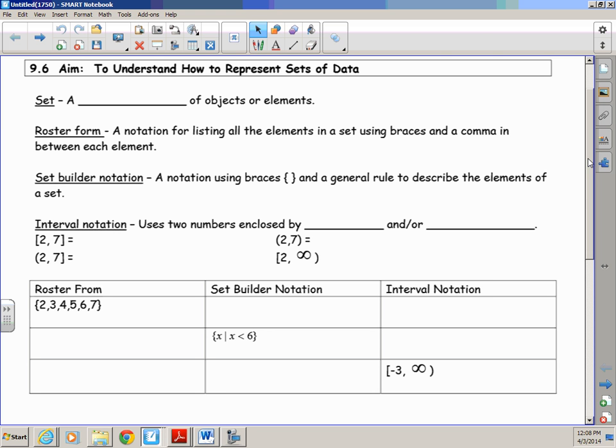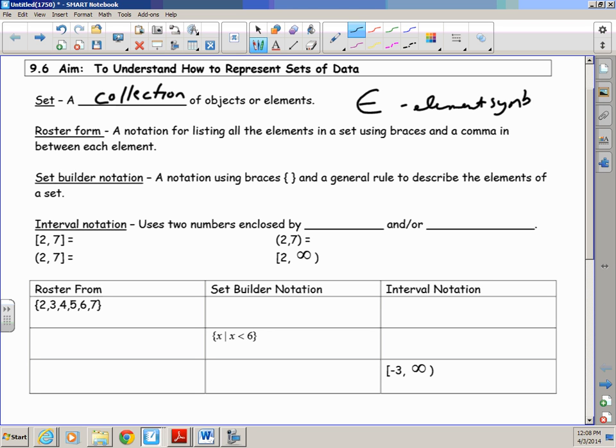So a set is a collection of objects or elements. If you see this symbol, which is a Greek epsilon, that is the element symbol that is used. Okay, it looks a little like an E, but it's rounded as opposed to straight lines.